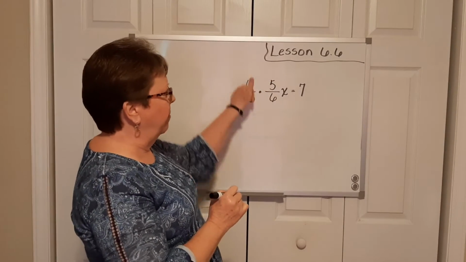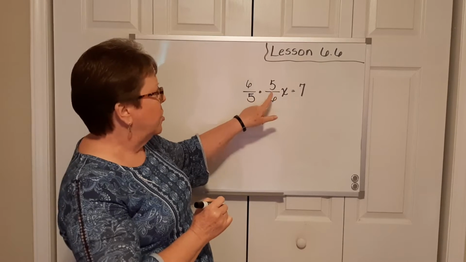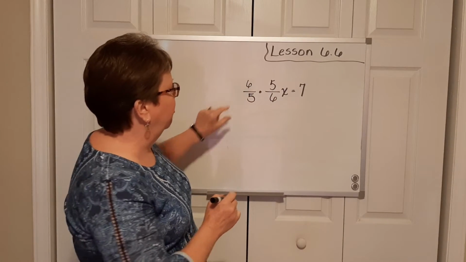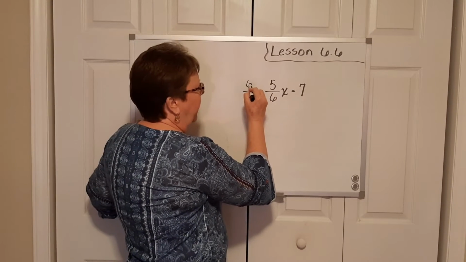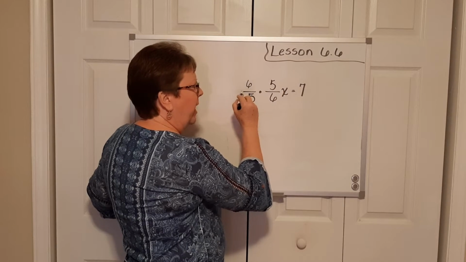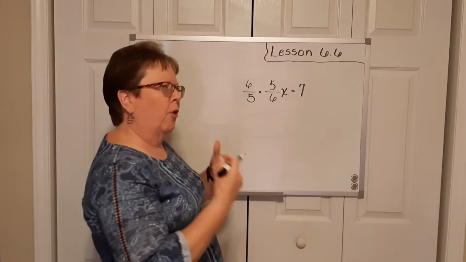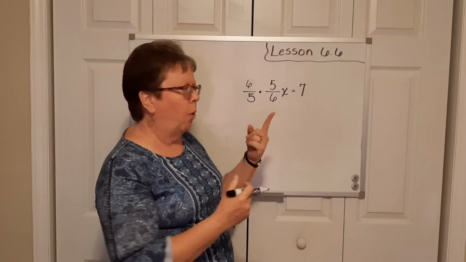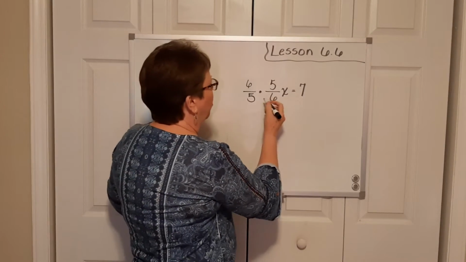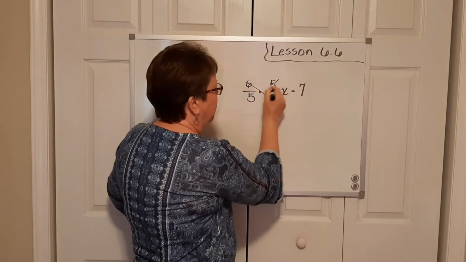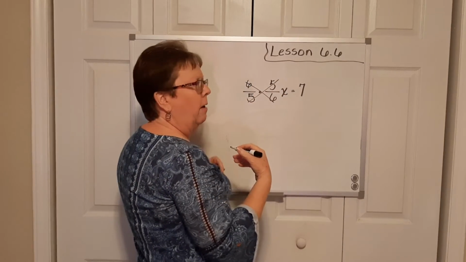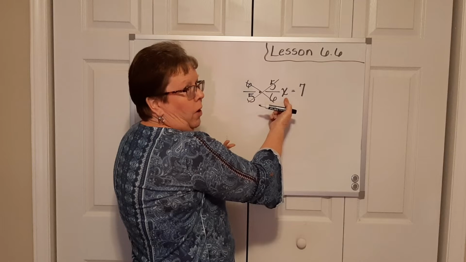Remember, that's when you flip the fraction upside down. So we flipped it upside down to 6/5, and if we multiplied that out, 6 times 5 is 30 over 5 times 6 is 30. So it would be 30/30ths, which would equal 1 whole, which would mean 1x.